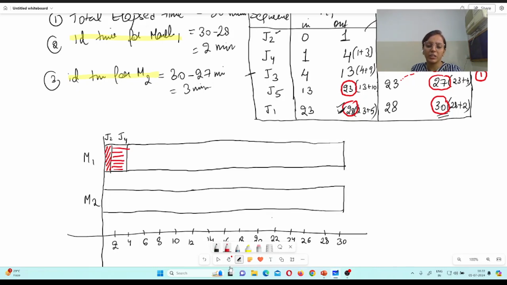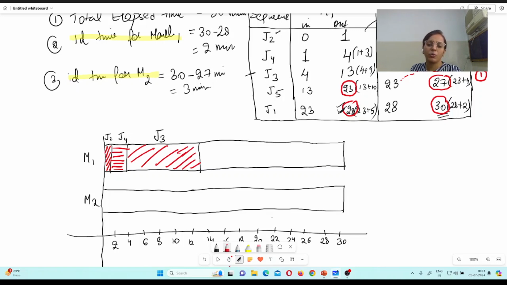Now I'm starting with the third sequence, your J3, that is from 4 to 13. So 4 till 13 will come up in between 12 and 14. So I'm marking a line over here. Yes, right. And this is my J3. You can change some colors or make it a different shape. This is my one job, that is J3.